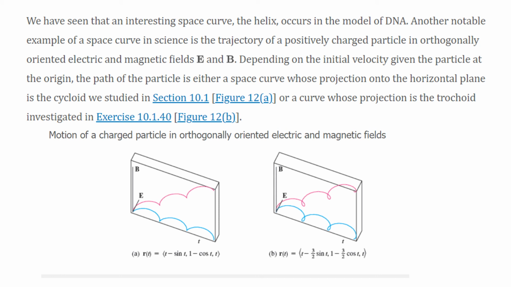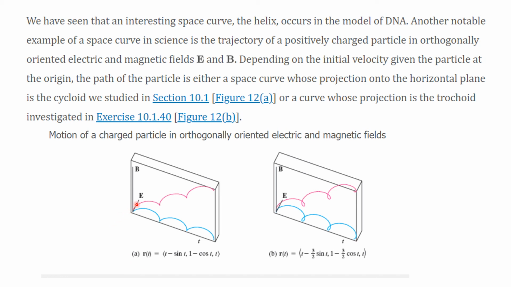Now we have seen an interesting curve that occurs in the model of DNA. That's the helix. Other important space curves in science are the trajectory of a positively charged particle in orthogonally oriented electrical and magnetic fields, E and B. Now, depending on the initial velocity, it can behave differently.